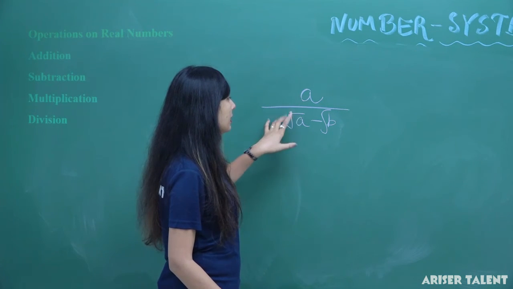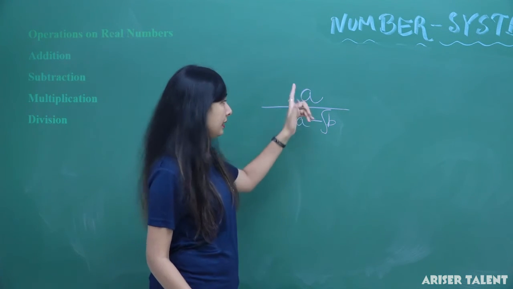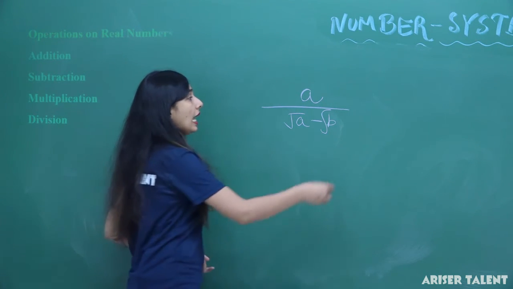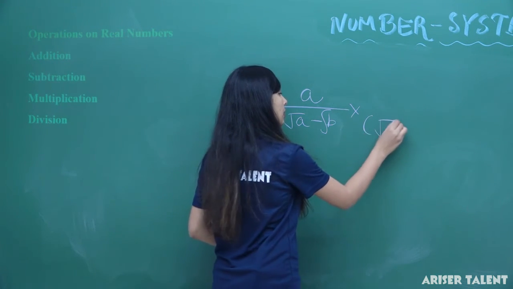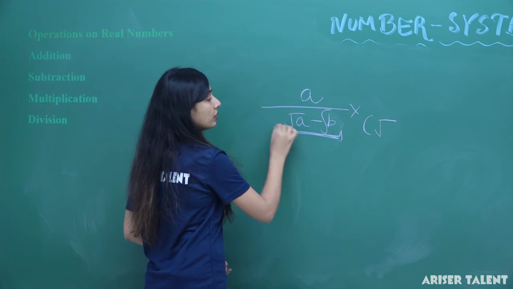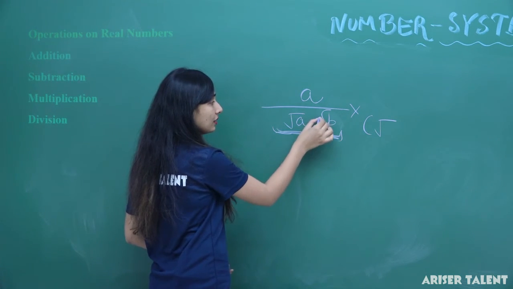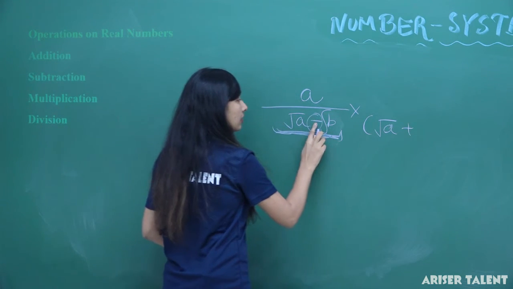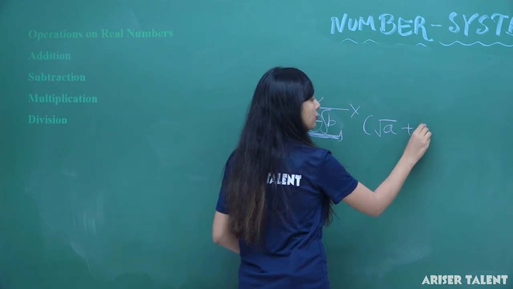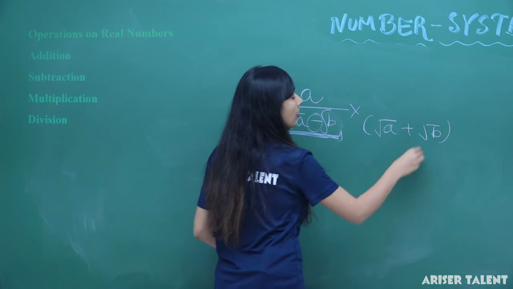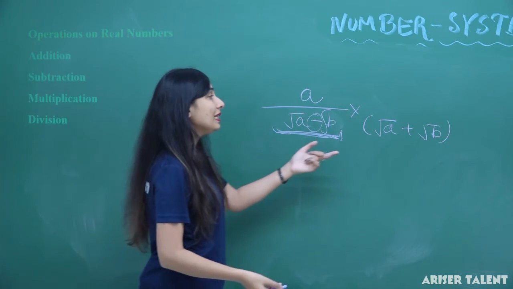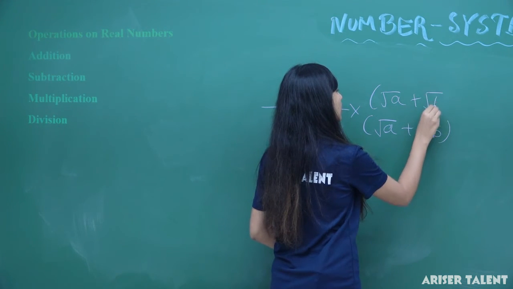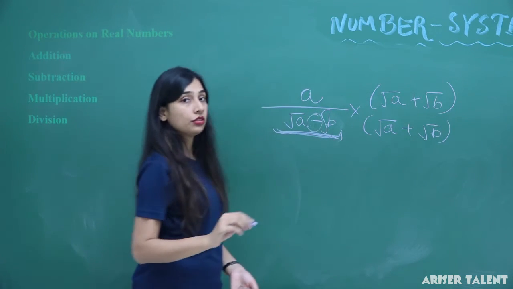In the denominator there will be nothing like a root, but in the numerator it may be. For that, what will I do? I will multiply by the opposite sign of this, the minus becomes plus. So root a plus root b I will multiply in denominator and numerator both, and then we will solve the question.